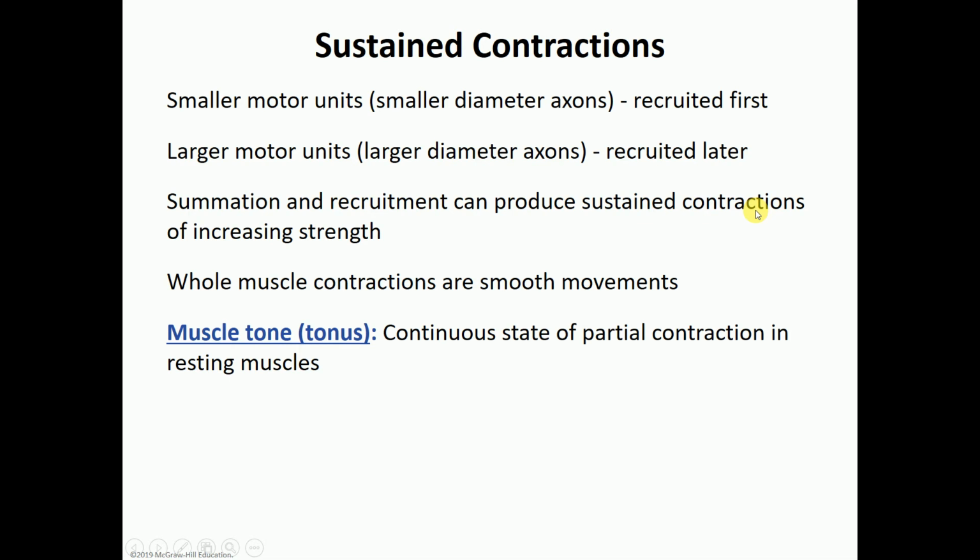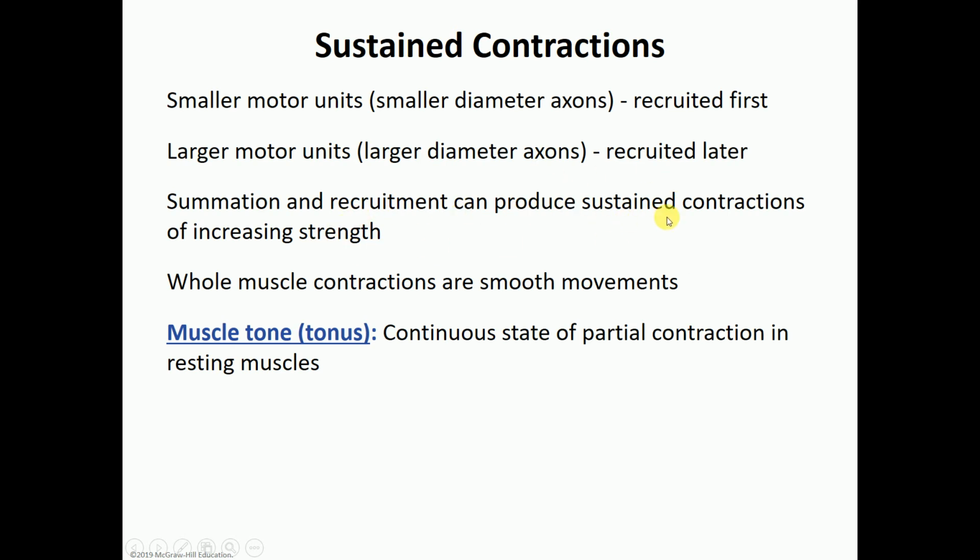So when I'm trying to carry that 50 pounds, I try and then I fail, and then I recruit more fibers, sum that up, and try again. I do not relax the muscle and start from scratch. It is kind of like going up steps one at a time without going backwards. And that's what it means when we say summation and recruitment can produce a sustained contraction of increasing strength.